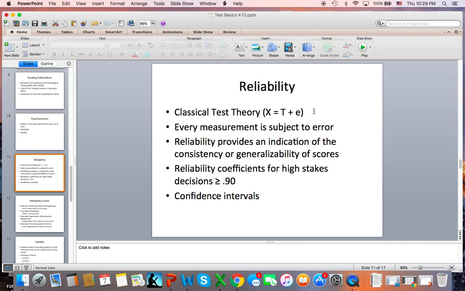And the important thing to understand is that every measurement ever conducted in the history of humankind has been subject to some form of error. Whether that's writing down a number wrong, or a radar gun hasn't been calibrated in a week or two, something along those lines. Every measurement is subject to one form of error or another, be it environmental, be it human.